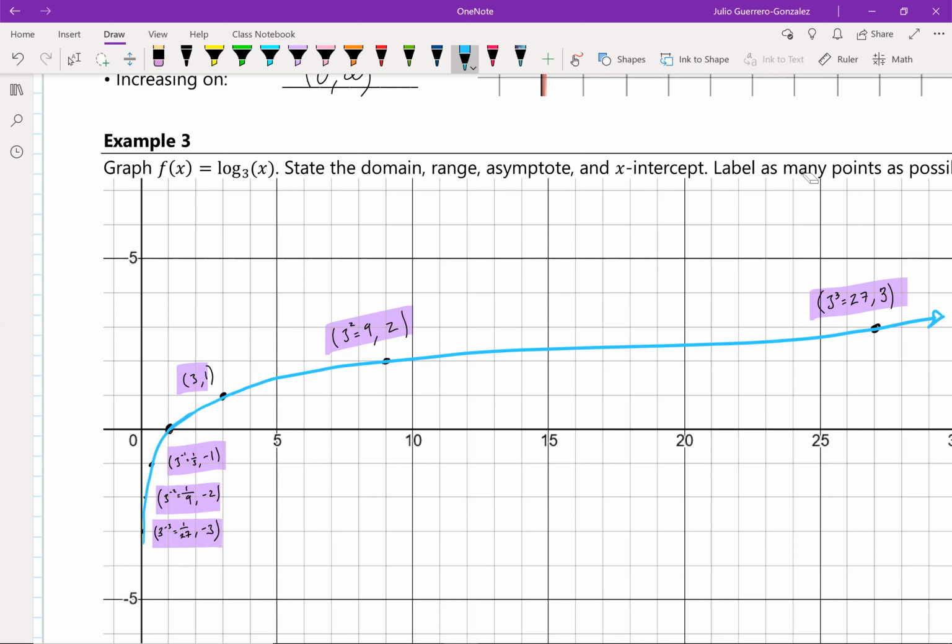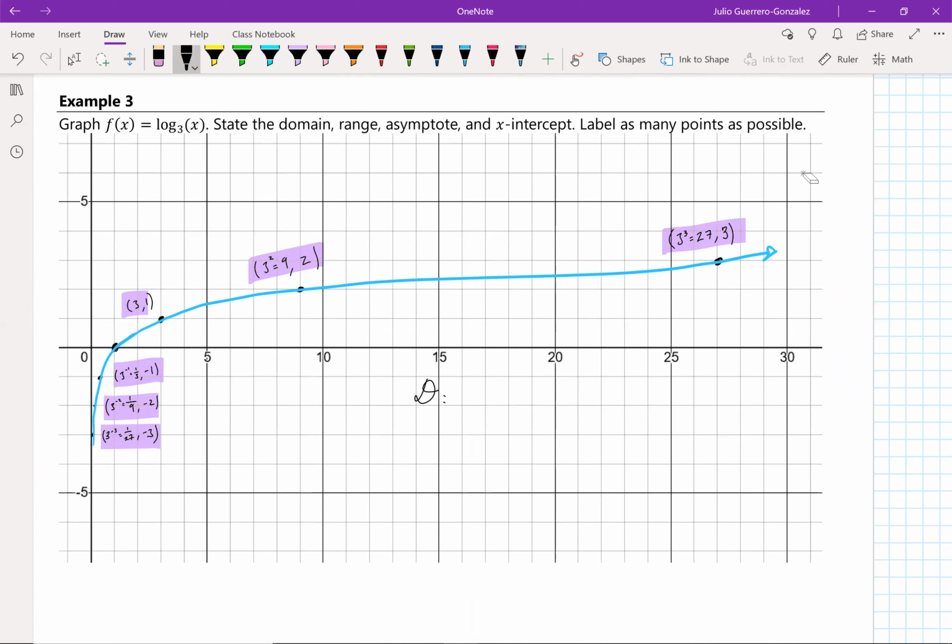All right, real quick. Domain, range, asymptote, and x-intercept. What do we got? The domain would be 0 to positive infinity. Yep. Notice that didn't change, right? What's the range? Negative infinity to positive infinity. Right, the y's. We want the y's. Asymptote? x equals 0.